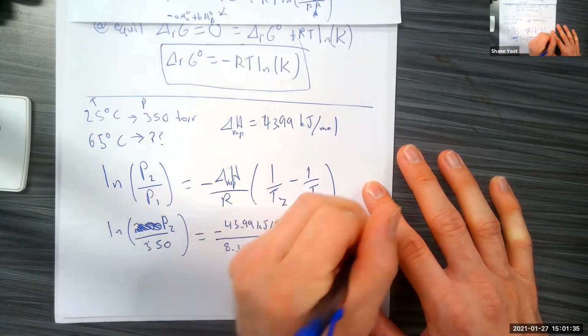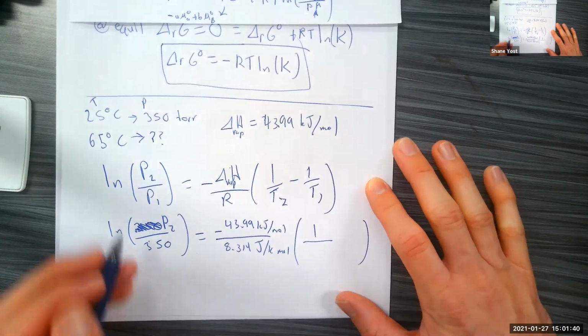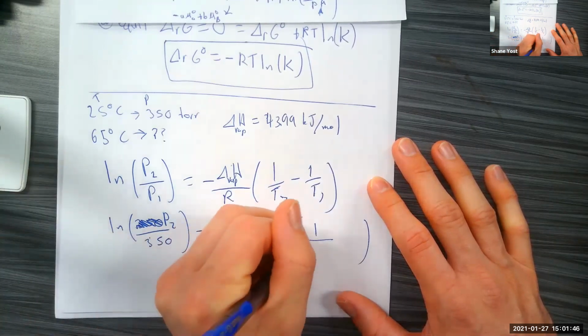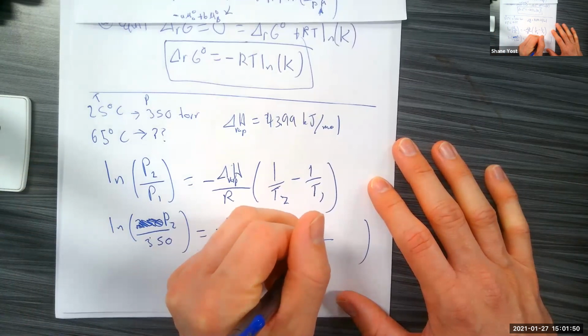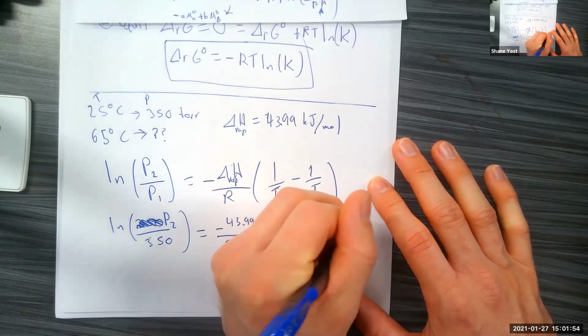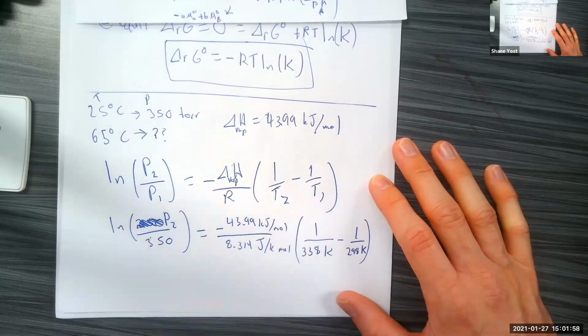Then the temperatures: I'm going to want to convert these temperatures from Celsius, so 338 Kelvin, I think, minus 1 over 298 Kelvin.